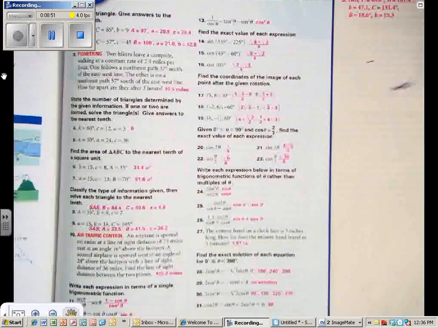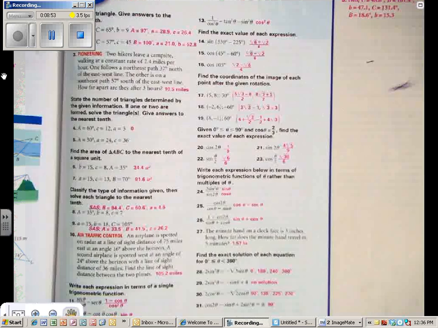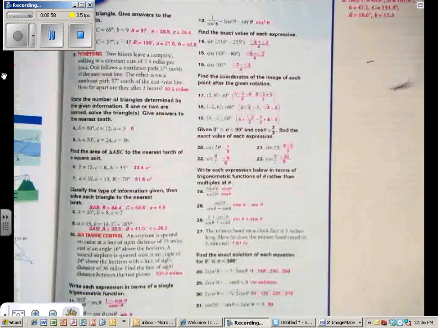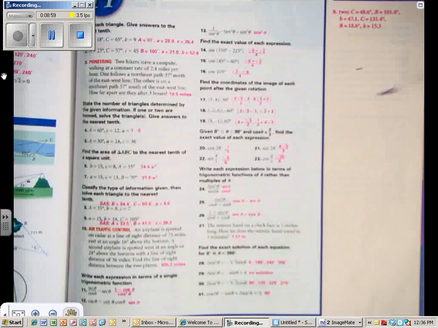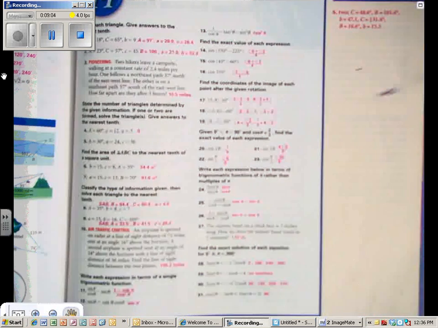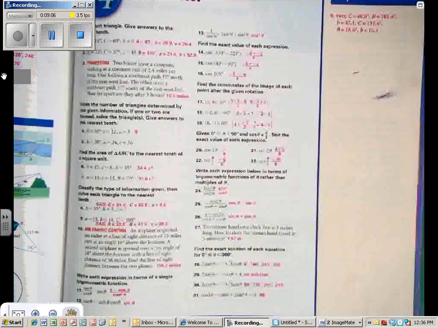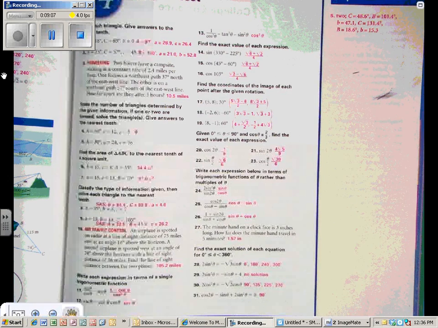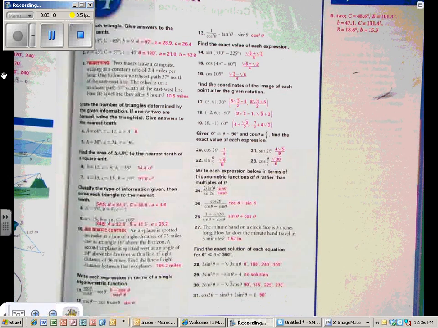And just go over each individual section. Each column. Got some answers up in the right-hand corner there. Kind of hard to see. That should be clear for everybody.